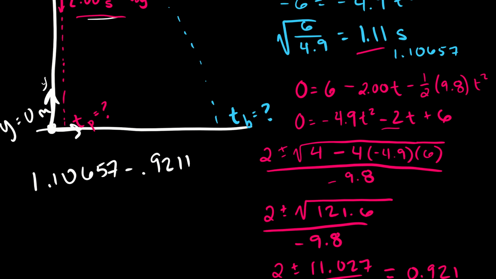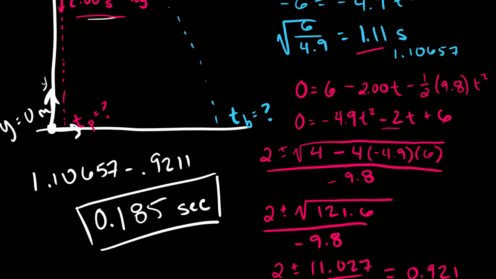Let me do that on my calculator quick. 1.10657 minus that, and we get like 0.19, I think is where I round to. Let's look at sig figs. We were given 3 sig figs, so let's keep another sig fig. So 0.185 seconds. So the red one is going to land 0.185 seconds before the blue water balloon.